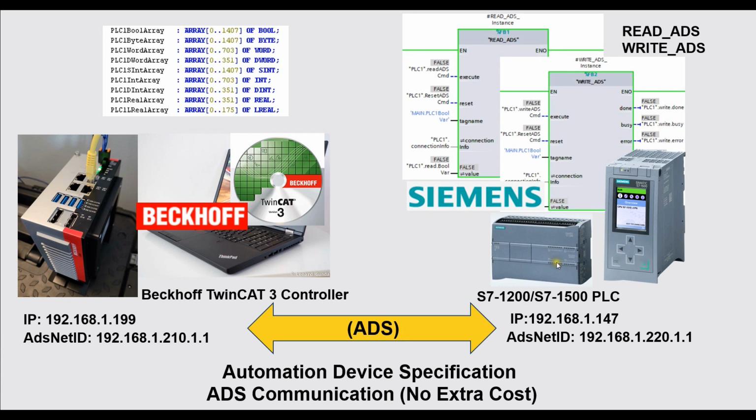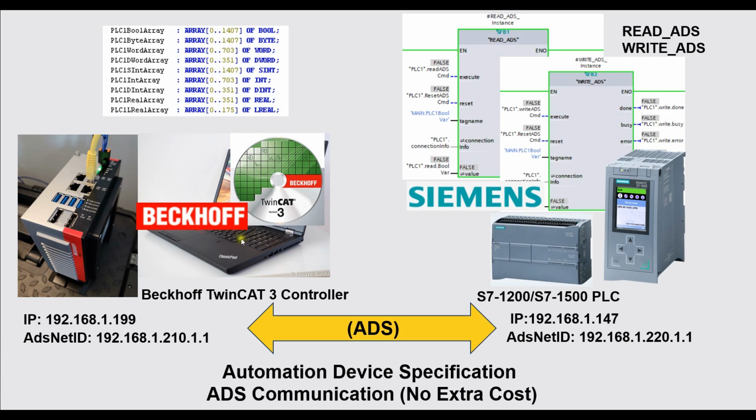And locally here, we are using a Siemens 1200 PLC. For the connection parameters, we need to set up the target IP address and the NetID, as well as the ADS local ID here. Okay? This is the structure, the overall picture.